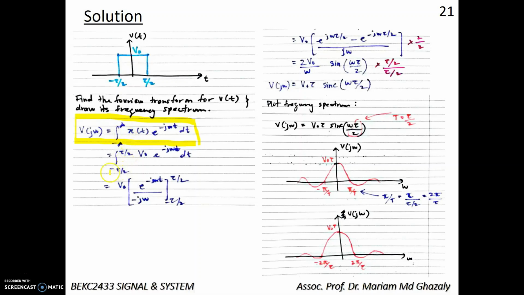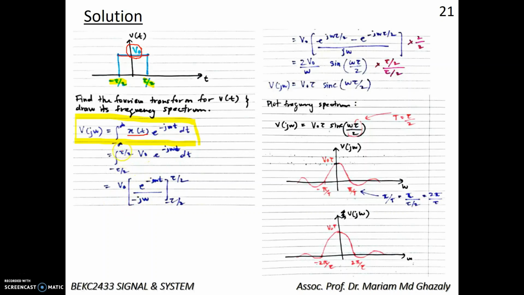Since the signal is nonzero only from minus tau over 2 to tau over 2, those become the limits. Then for the value of x(t), inside this range it is V naught, the magnitude. In the case where V naught is equal to 2, you write 2 here, times e to the minus j omega t dt.